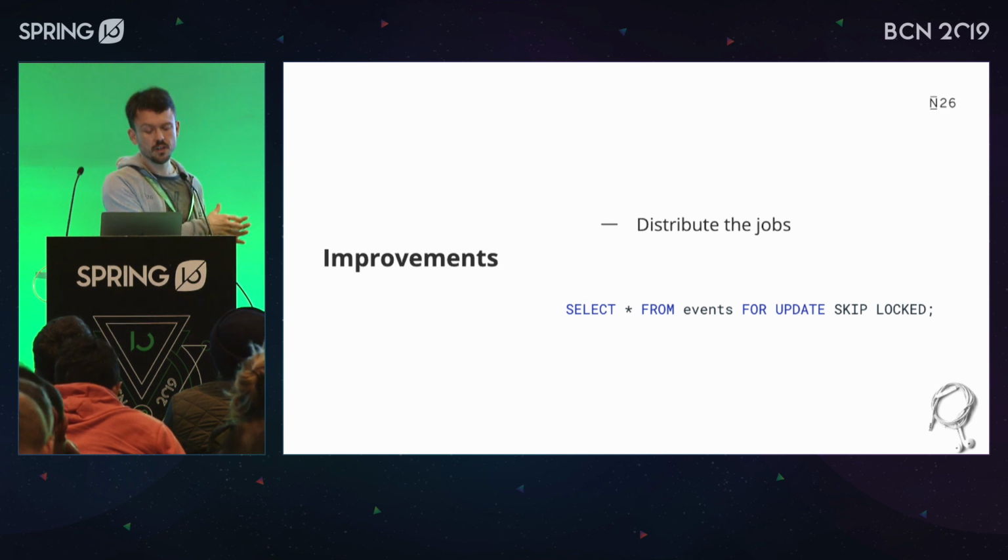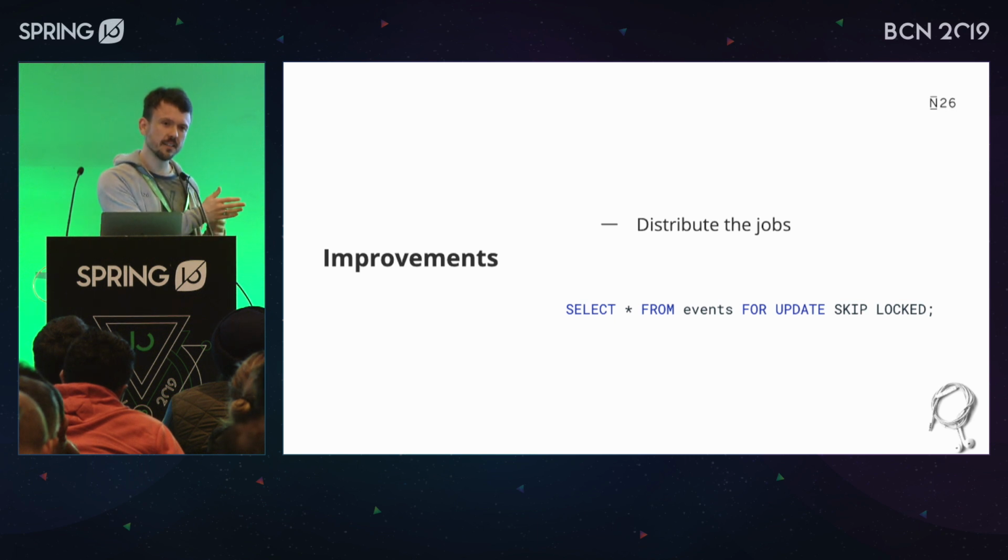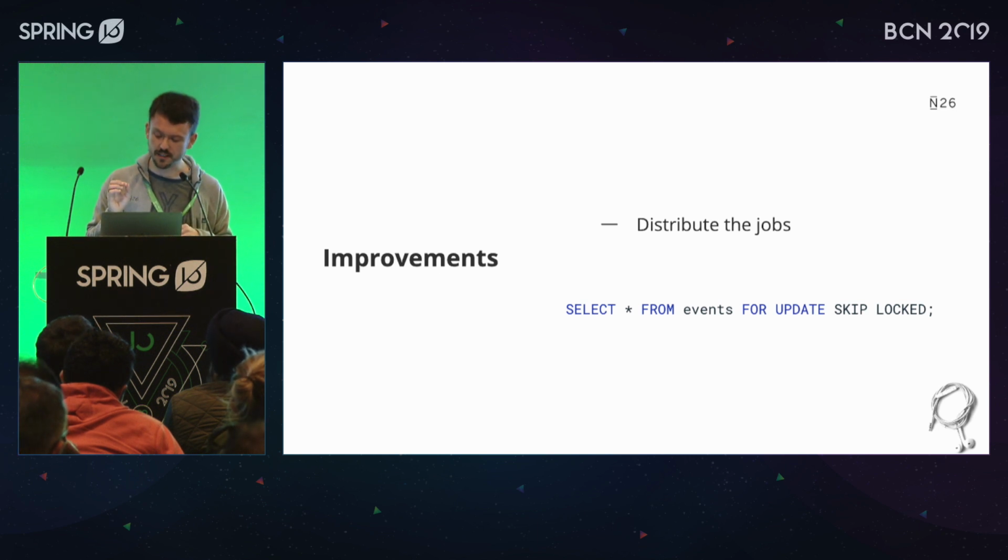In our case, we had a PostgreSQL database, so you can use a FOR UPDATE clause. Whenever a node is taking something from the database to process, it can mark the rows as being taken for update. And another node, when it goes through the events checking if the items should be processed or not, will just skip the locked items. But here is one caveat.